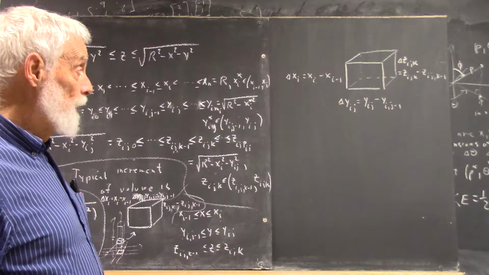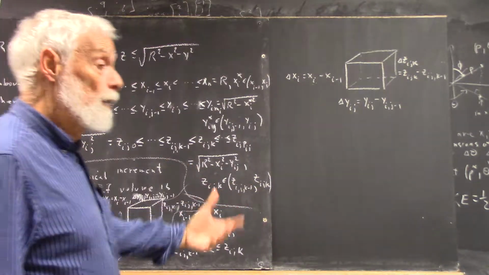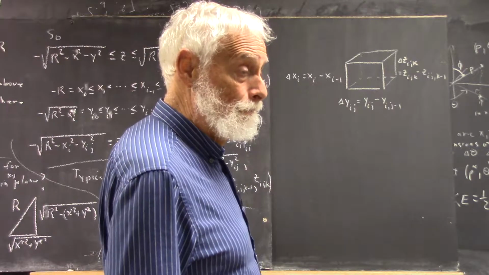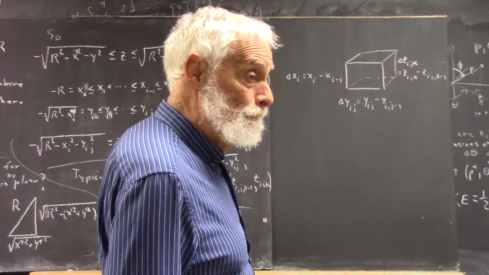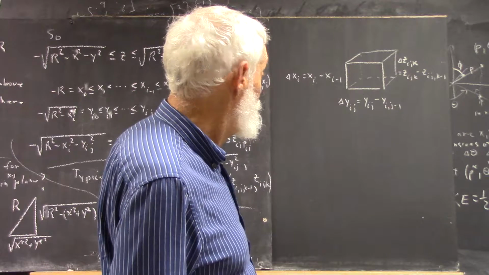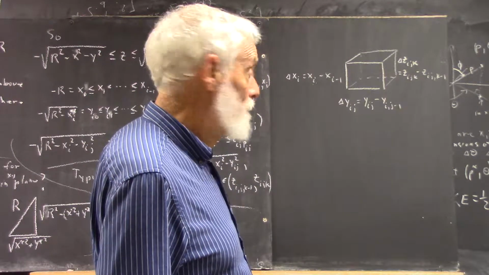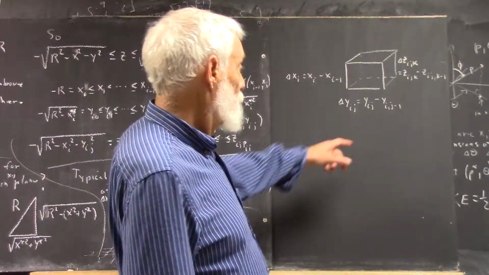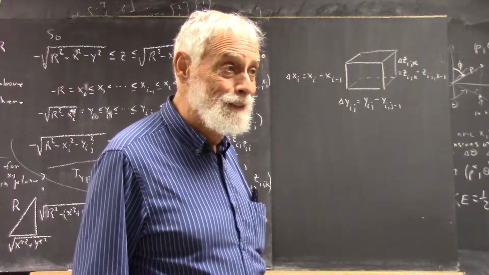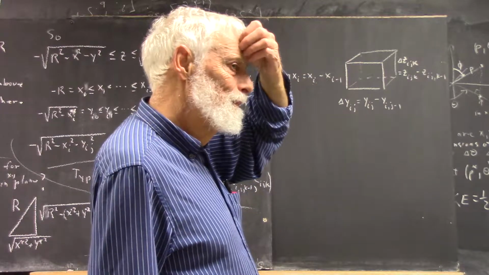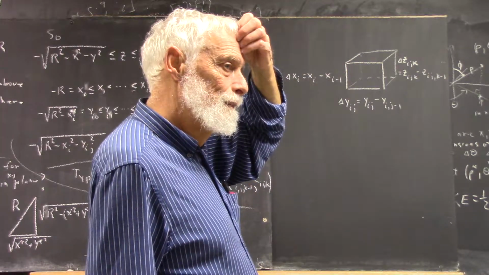It's not going to have the same volume, but it is going to have one thing in common. It would be x_i minus x_{i-1}, y_ij minus y_{ij-1}. In other words, it would have the same cross-sectional area, because it's directly above, right? It would be incremented basically one cube up.